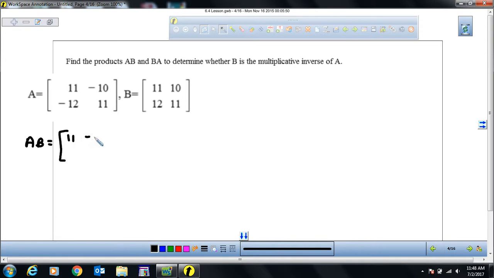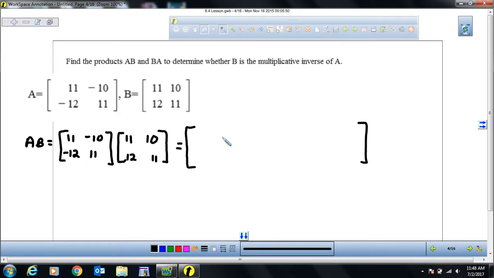They're both 2 by 2s, and by definition the result is also going to be a 2 by 2. So we're going to multiply A times B, and we're going to get a 2 by 2 matrix, meaning 2 rows and 2 columns.